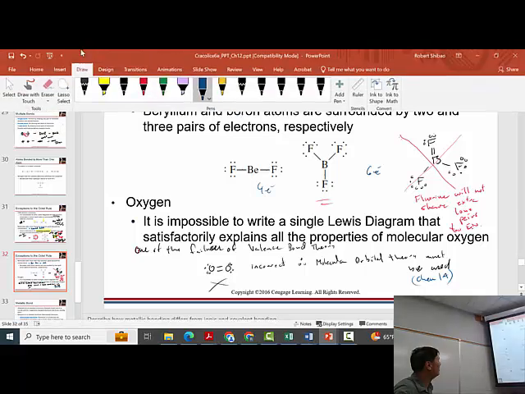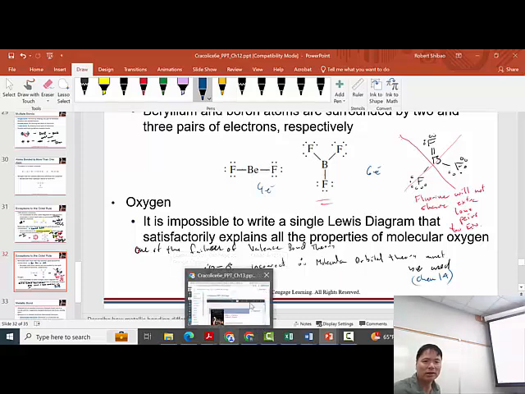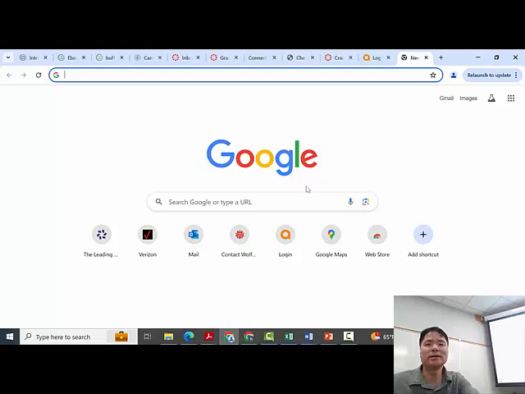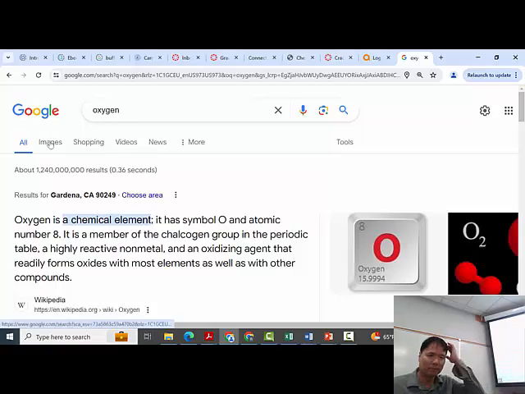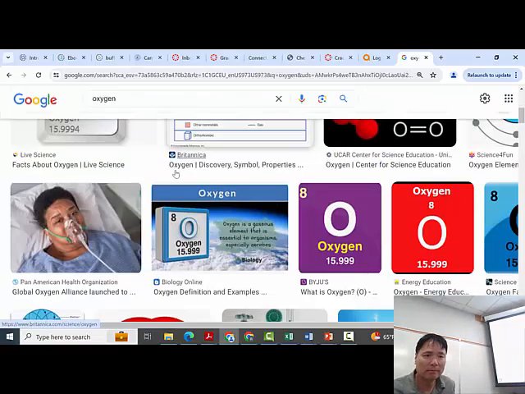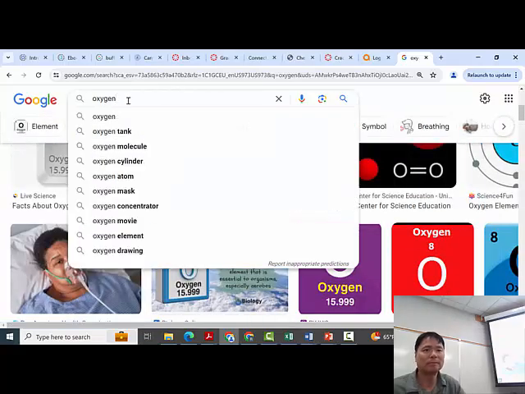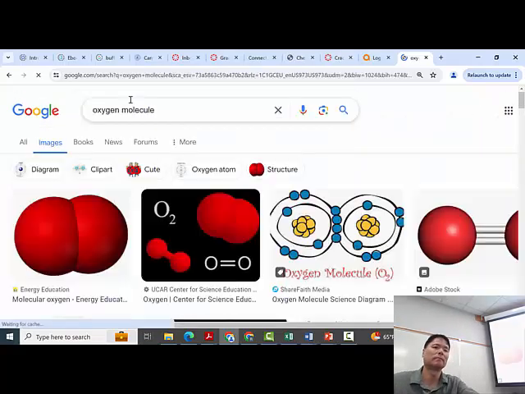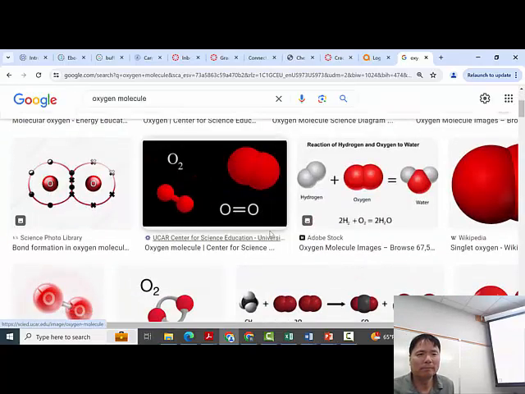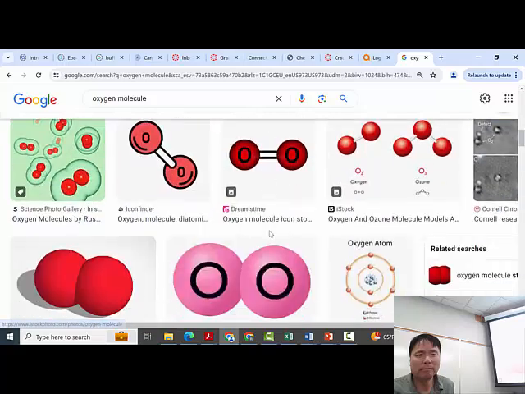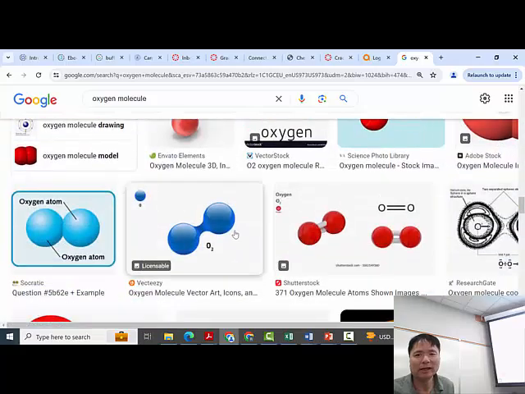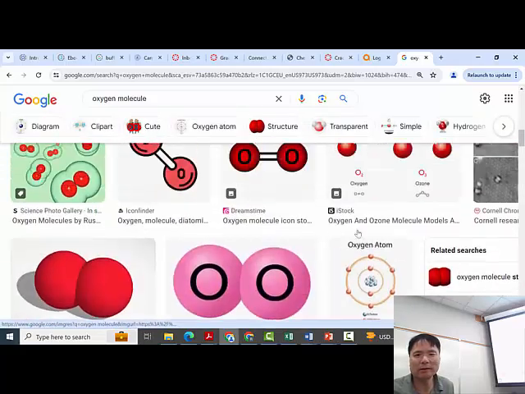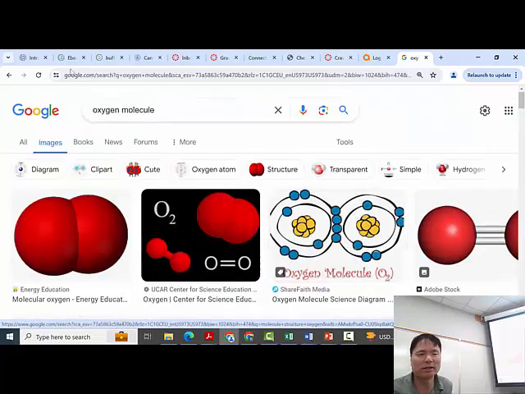When you look at oxygen online, how do most people represent oxygen online? Most people represent the structure like this. They're not showing the lone pairs, but most people will just draw out the Lewis structure, which is not entirely correct.